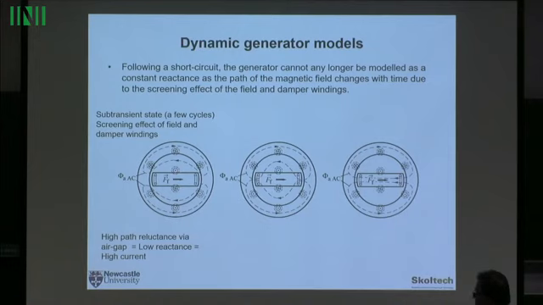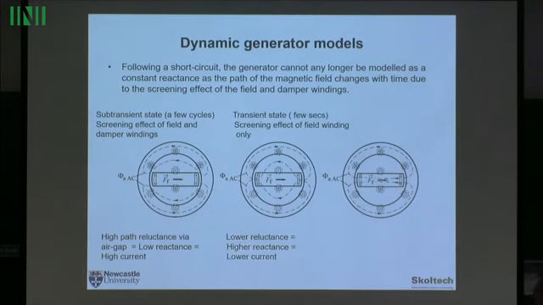Because it goes through the air gap, it has high reluctance, and as it has high reluctance, it will have low reactance X. Again, using these fundamentals of electrical engineering, reactance is inversely proportional to the reluctance of the magnetic path. Air: high reluctance, low reactance. Metal: the other way around, low reluctance, high reactance.